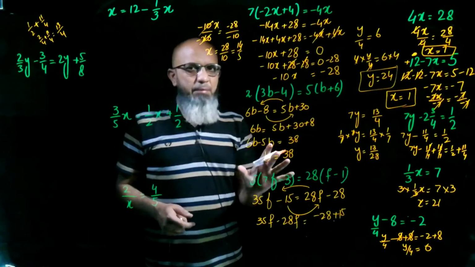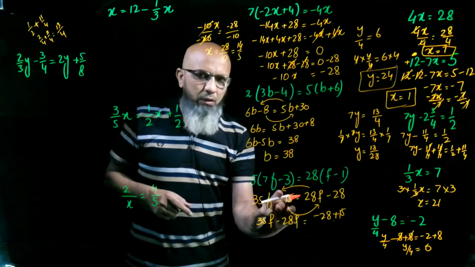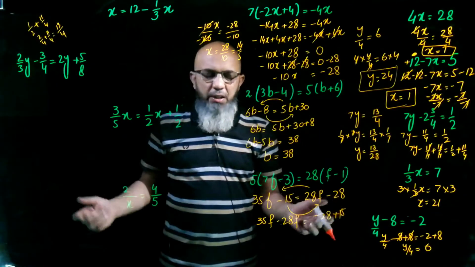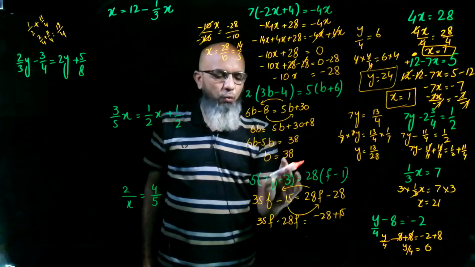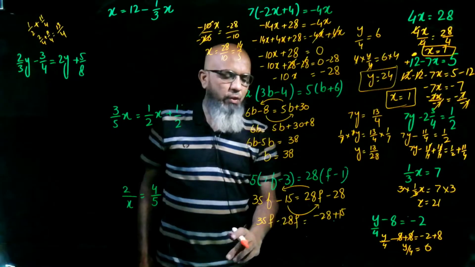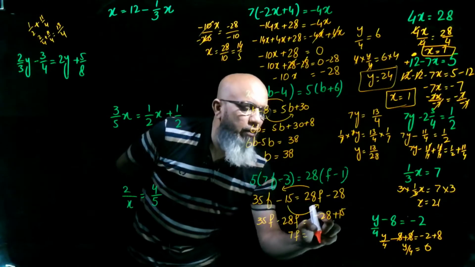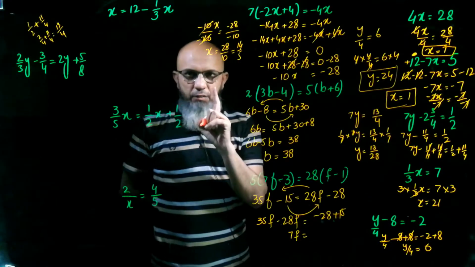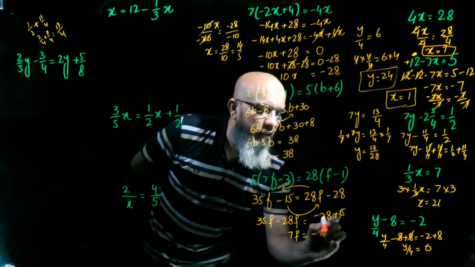I will do both things in one step. I move the variable to one side and the constant to the other, and I change the sign because the sign changes when we move. So 35f minus 28f, we get 7f, that is equal to minus 28 plus 15. Signs are different, so we subtract and put the sign of the larger value, we get minus 13.